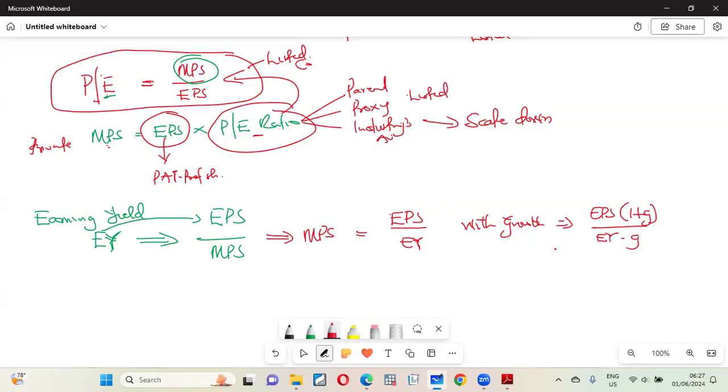Just as you did in the DVM model, the same thing if there is growth. Now, the same idea also pans out here. Which company are you valuing? If it is a private company, then this EY inside the formula, which is obtained by doing this, will be for a listed company.